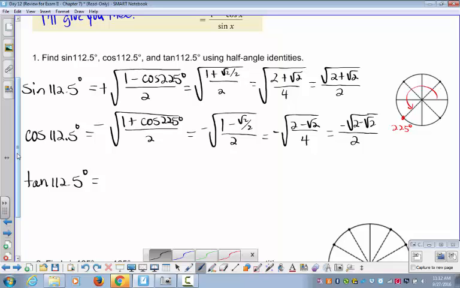So we're essentially distributing the square root to the numerator and denominator. Make sense? And then tangent. Again, don't go remember another formula. Just use sine over cosine. Keep it simple. So we'll do sine divided by cosine, which means multiplied by the reciprocal.